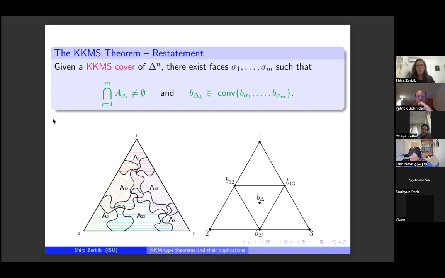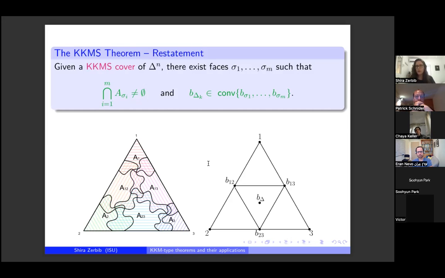Okay, so a restatement of the KKMS theorem is that given a KKMS cover of delta, we can find faces such that the intersection of the sets indexed by these faces is not empty, and simultaneously the barycenter of the simplex is in the convex hull of the barycenters of these faces.